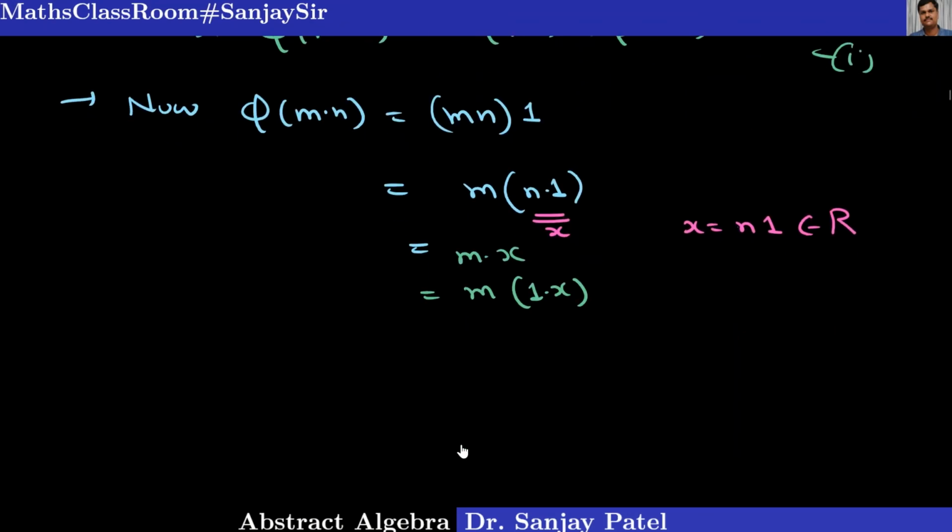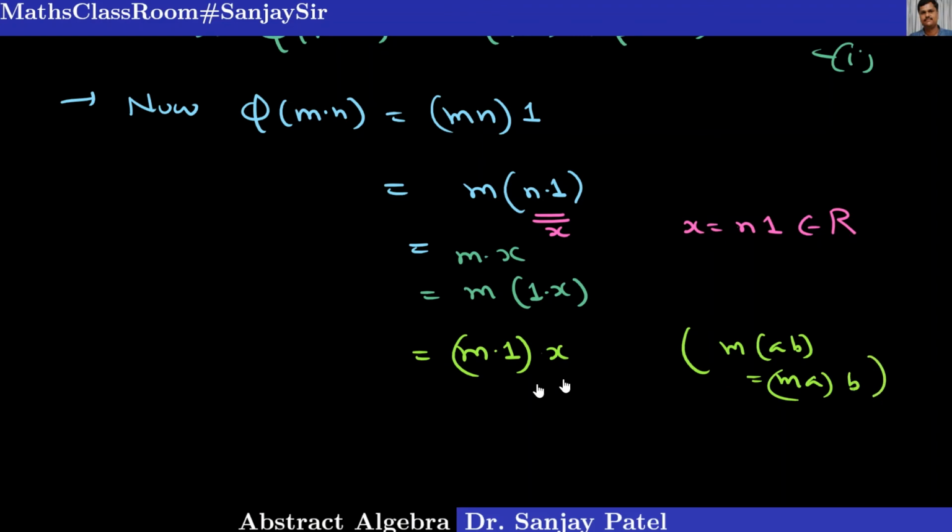Now this I can again rewrite as m into 1 into x, because we have this result: m times a into b, where a and b are elements of the ring and m is an integer, I can write as m into a into b.